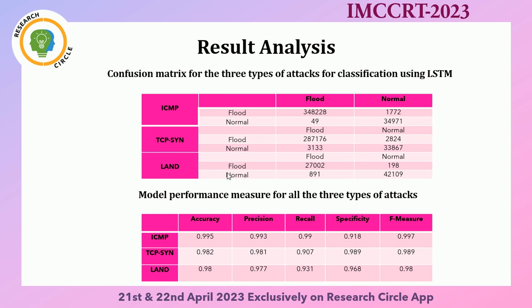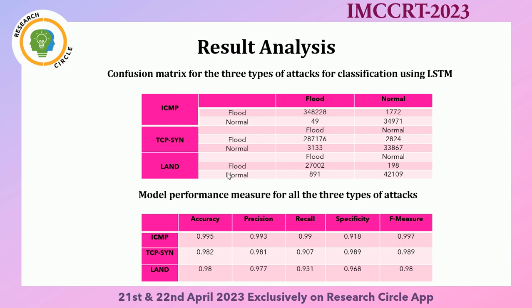Now this is a very small part of the result analysis. First is the confusion matrix for the three types of attacks for classification using LSTM. For ICMP flooding, we have 3,48,028 packets, and in the normal case, it is 1,772.